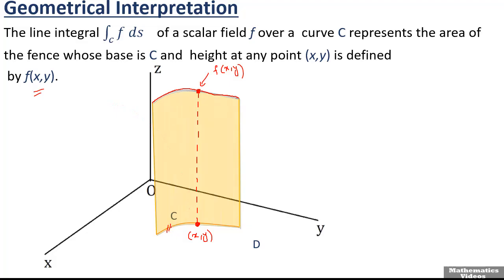Its base is the curve C, and the height at any point xy of this fence is given by f of x and y, as is clear from this figure. And finally, the area of this fence is equal to the line integral of f over the curve C, and this is the geometrical interpretation of the line integral of a scalar field.